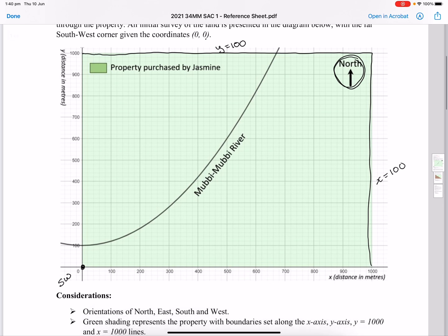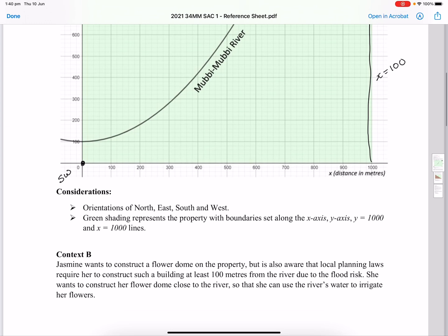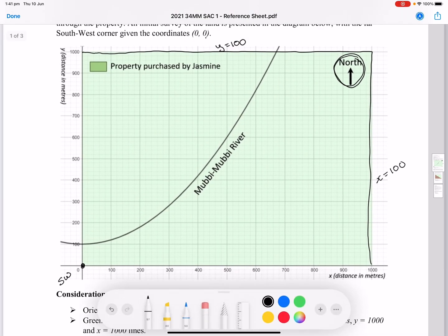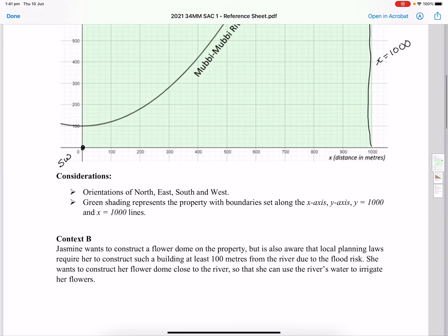The other thing that you need to consider is the green shading. The green shading represents the property with the boundaries set along the x-axis, y-axis, y equals 1,000 and x equals 1,000 metre lines. So I probably need to correct these equations. They're not 100. They're 1,000 metres. So you need to be aware of that.